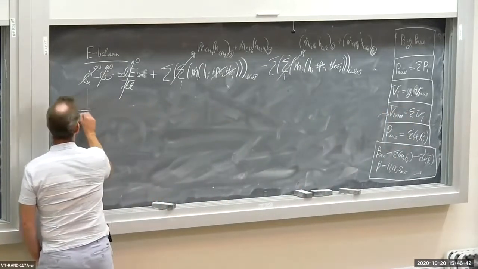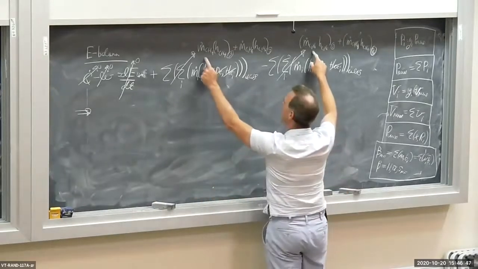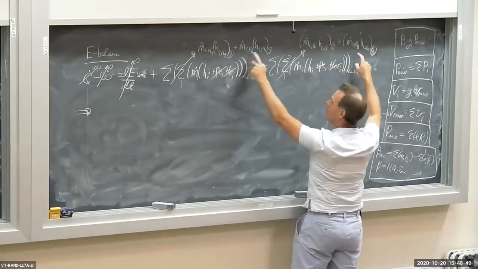So what do we have here? Notice these mass flow rates for the ethane and the methane are the same.